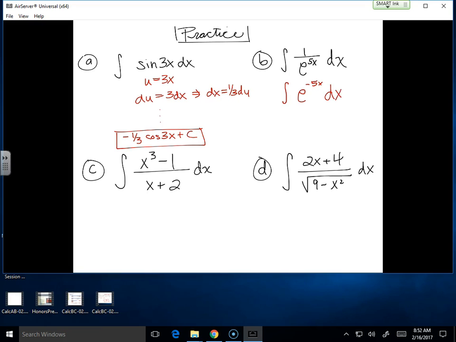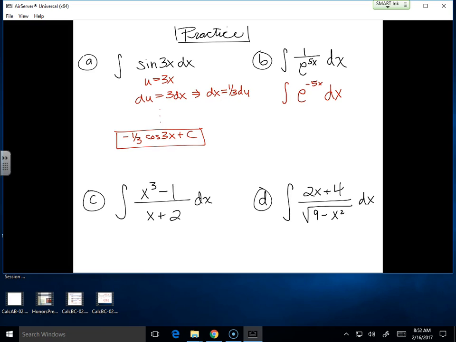Fractions are hard, but if I have e to the u, kiddos, all I have to do is what? Yeah, u is equal to negative 5x, du is equal to negative 5 dx. You're going to end up with negative 1/5 e to the negative 5x plus c.